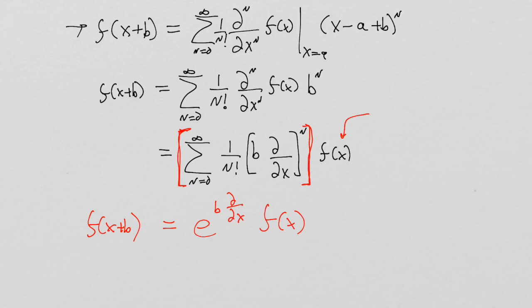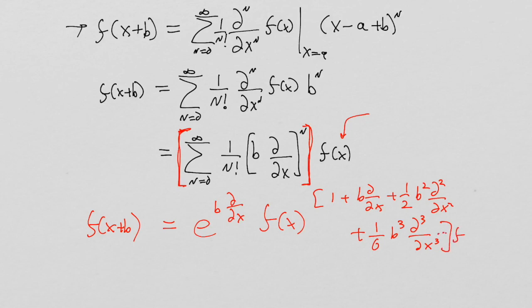And it literally is an operator because this sum, of course, is blown up into 1 plus b d/dx plus 1/2 b squared d squared/dx squared plus 1/6 b cubed third derivative, and then times, et cetera, times f of x. So that's a totally doable operator, right? This sum is completely a logical linear operator acting on a function.